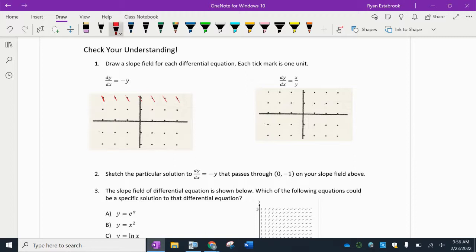The y value is 1. So the derivative right there is going to be negative 1. Here, you want your slope to be negative 1. Here, aiming down 1 over 1 to the end of that point. You can have your slope.